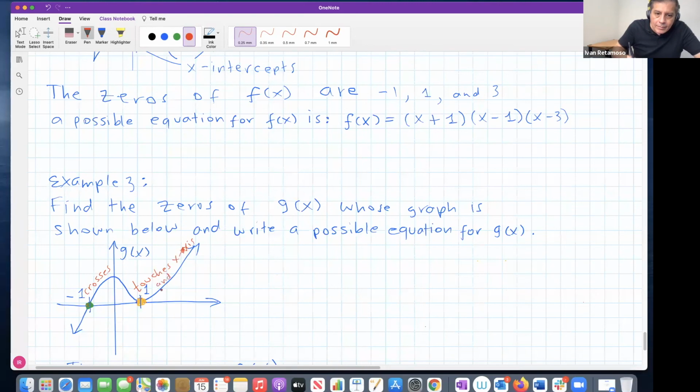That's the idea. It doesn't cross. So from there, crossing zeros should be associated with odd multiplicity, right? And touching zeros should be associated with even multiplicity.